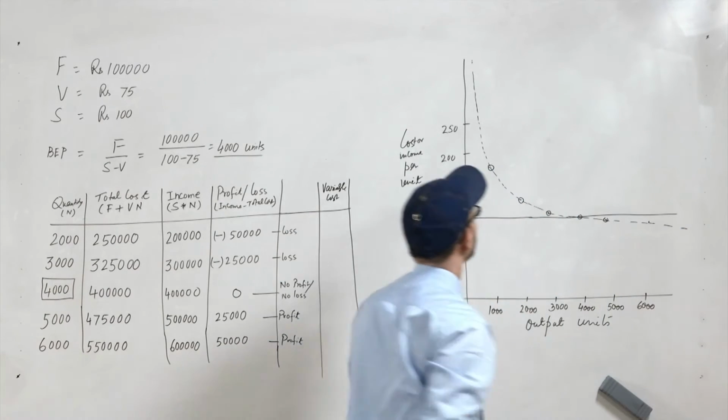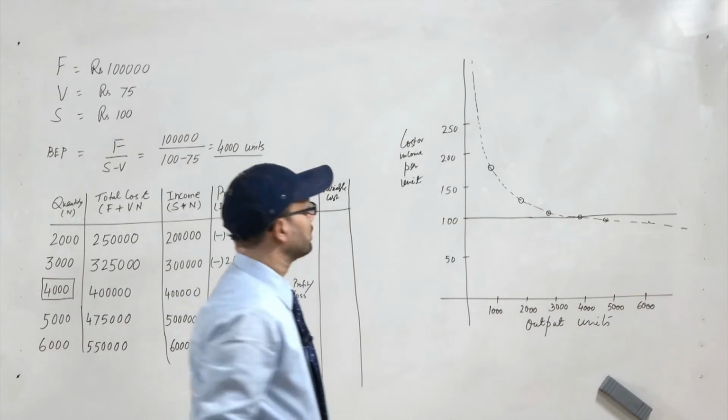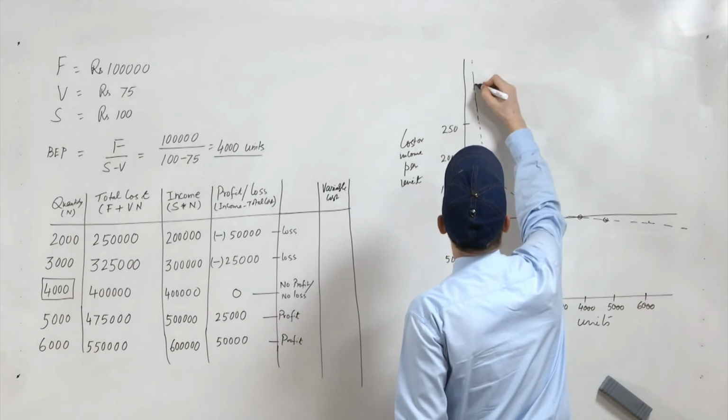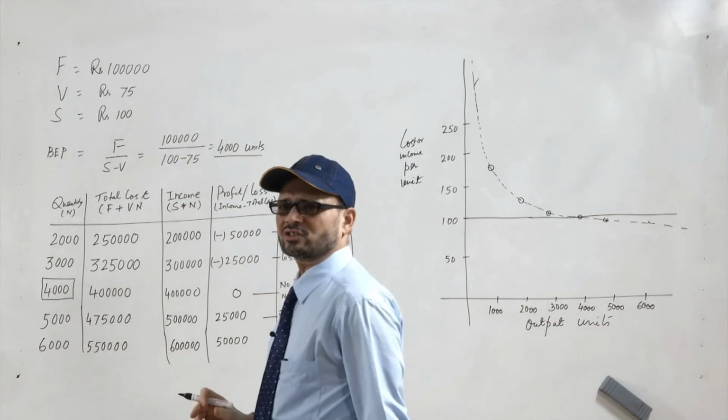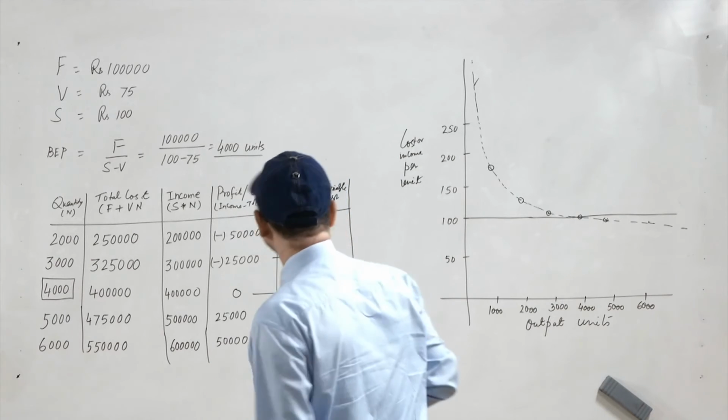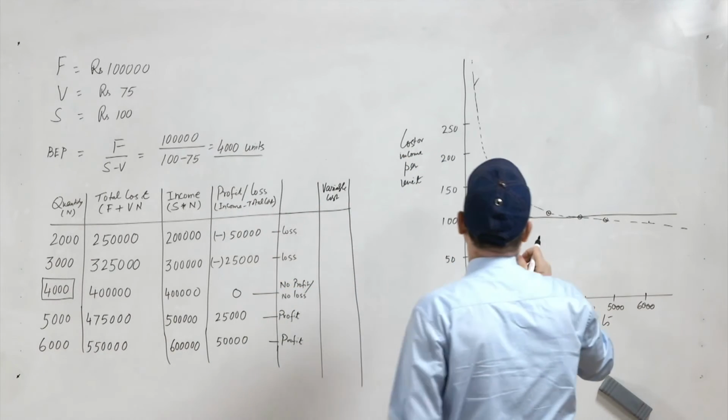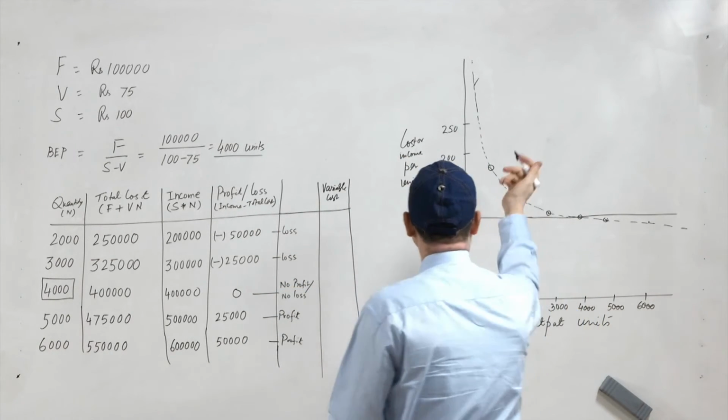Like this. So, basically this is the average cost line.